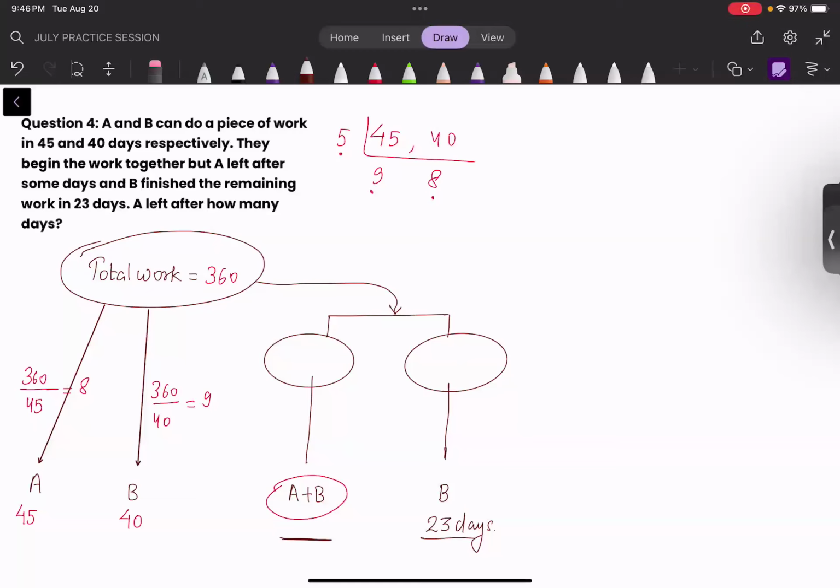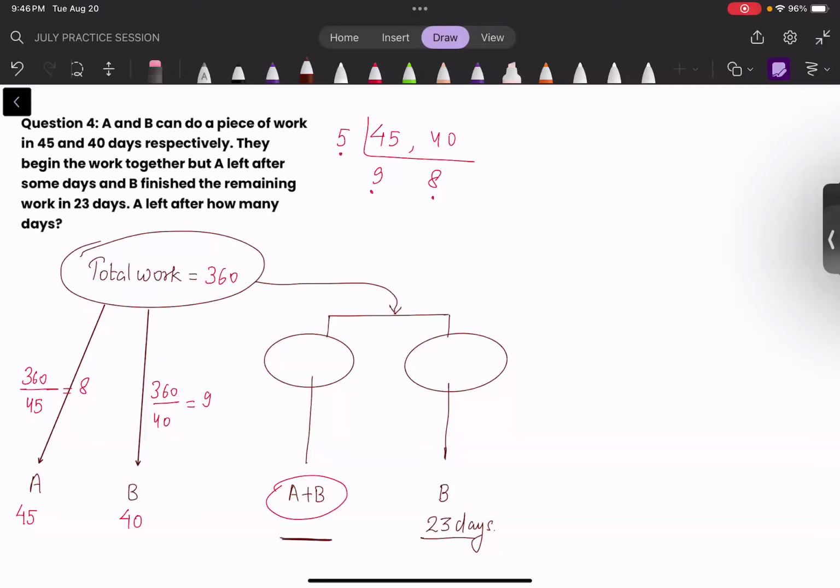Yes or no? Don't say B works for 23 days. After A left, B works for 23 days. Understood? Okay. So after A left, B finished the remaining work in 23 days. So in the last 23 days, only one person B was working.